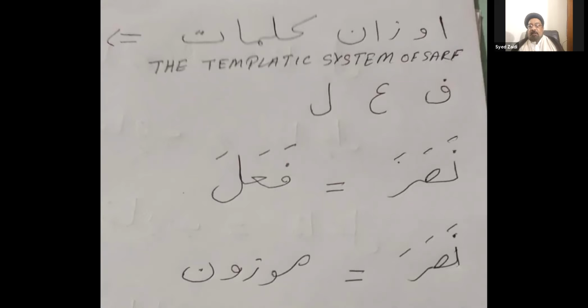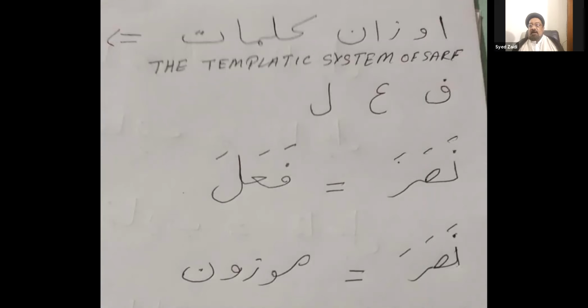Why? Because in the templatic system, I've told you the bare three letters, Fa, Ain, and Lam, is kind of a scale. If you put the word Nasara in these letters, for example, if it was not Nasara, but it was these three letters, you replace the noon with fa, and sad with ain, and ra with lam, the word becomes fa'ala, right?